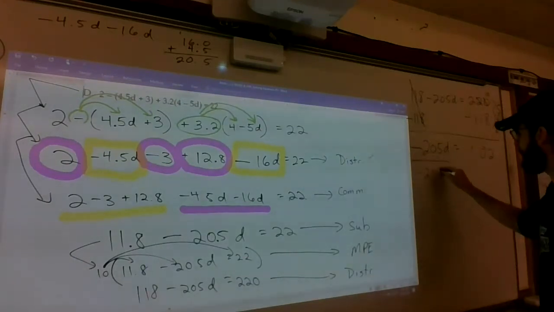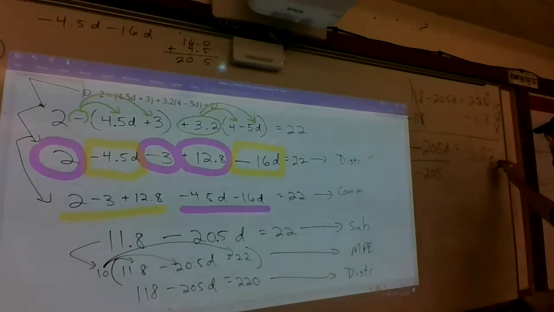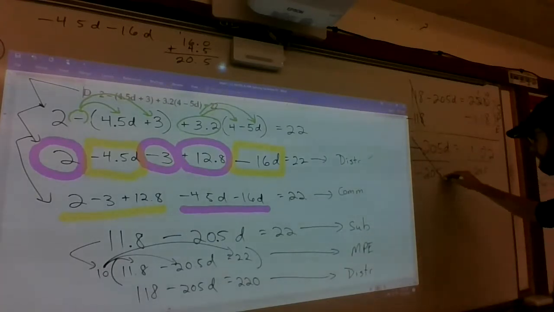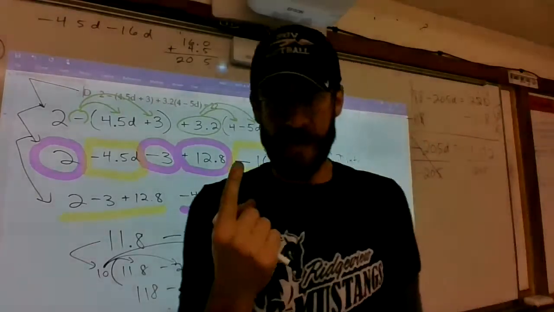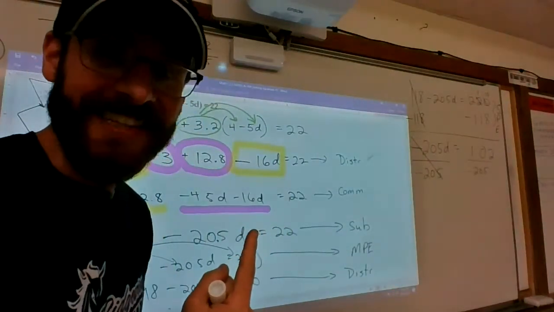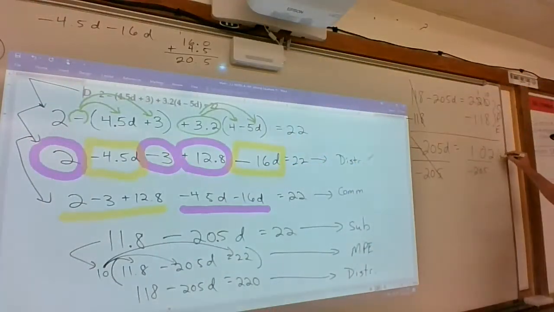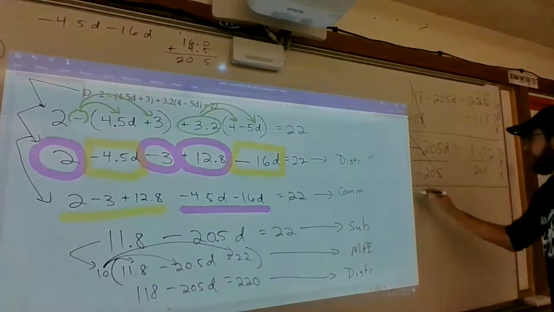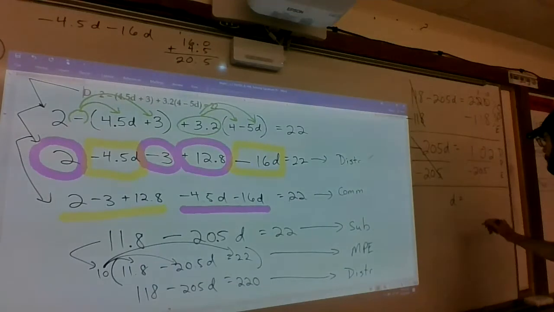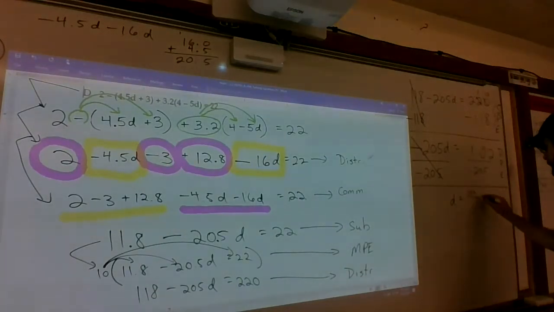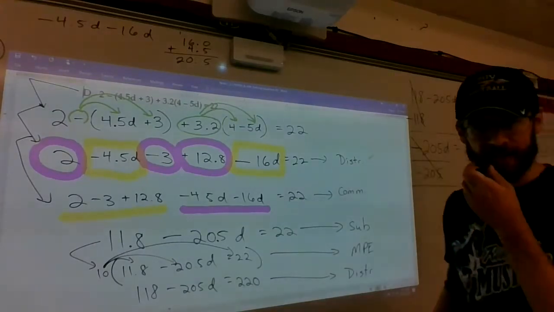Then divide by negative 205 on both sides. That gets us down to 1 in front of the d. That's the division property of equality. And there's our final answer.